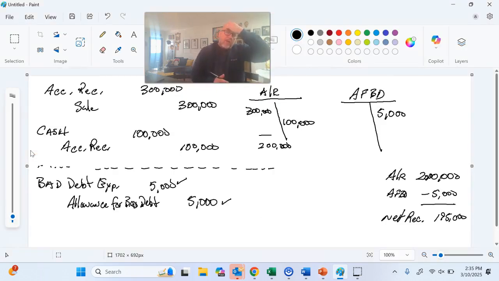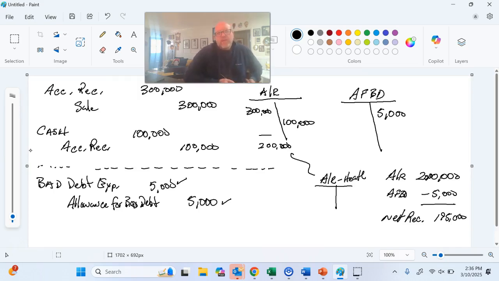So what happens when we are looking at a particular customer, and we've tried and we've tried and we've tried, and there's just no way for us to collect the amount that this customer owes? Let's say we have all of these subsidiary accounts, and one of them is accounts receivable for Heath, right?